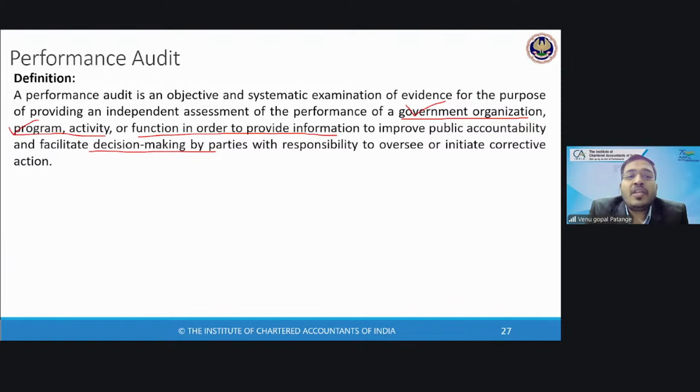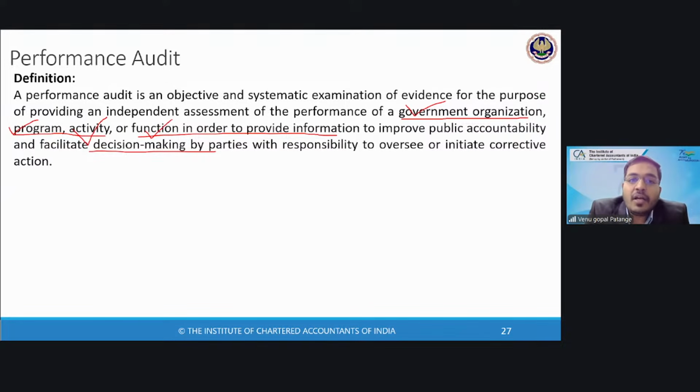So there are certain programs which are conducted by government, right? Let us say they are going to provide a subsidy. So some activity or program or organization level or function level, you pick one of these.